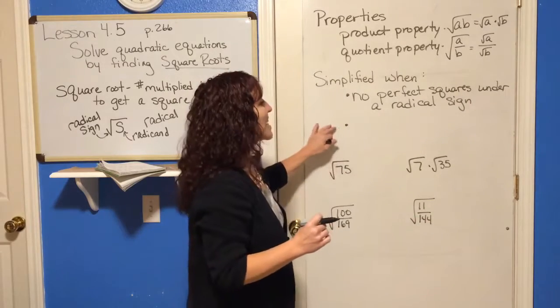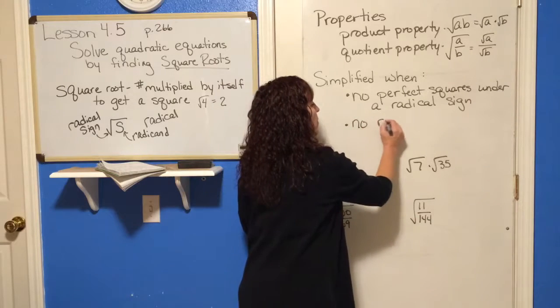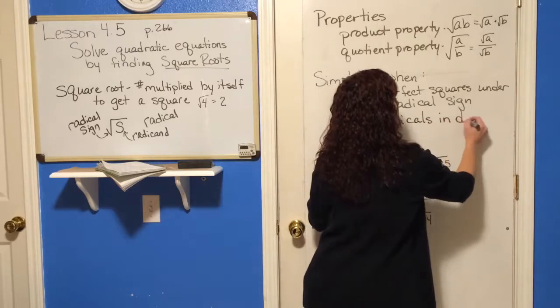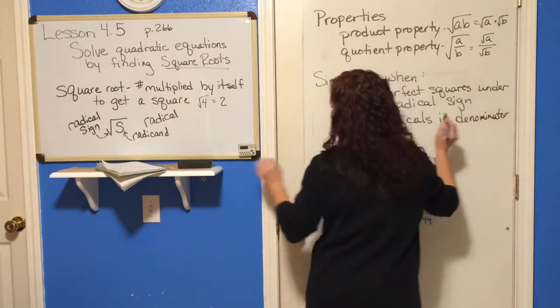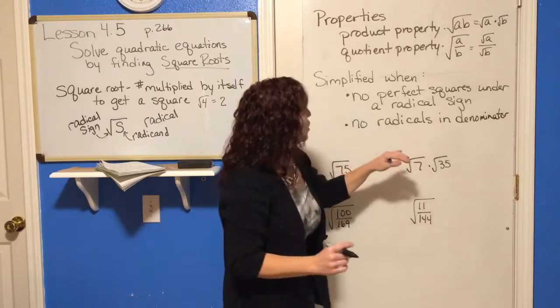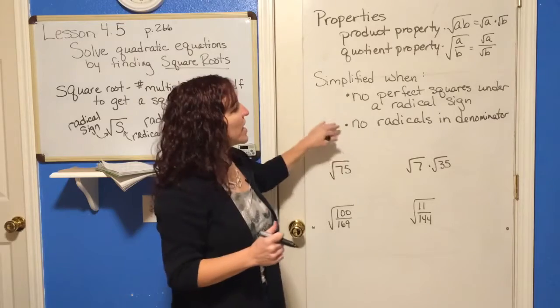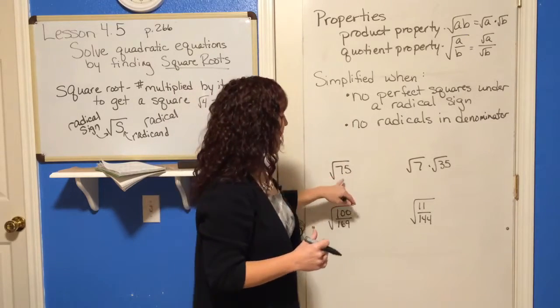The second step is there can be no radicals in the denominator. So if perfect squares are all out of the radical sign and radicals are out of your denominator, then you know that you're simplified.